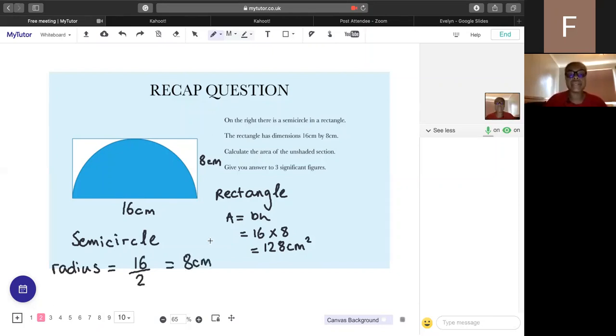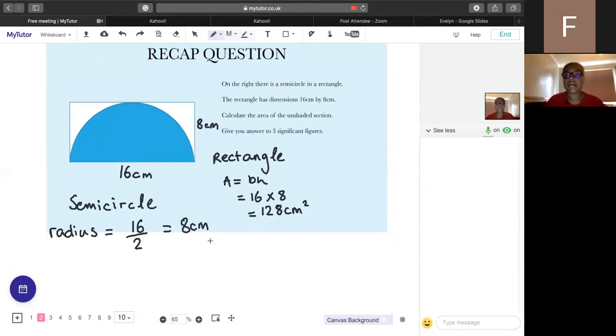We can use this value for our radius to work out the area of the whole circle and then the semicircle. The area of the whole circle is pi r squared. So we've got pi multiplied by r, which was our radius, squared, so we multiply by 8 squared.